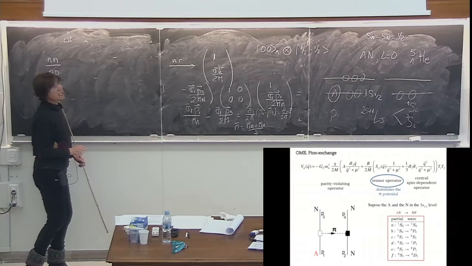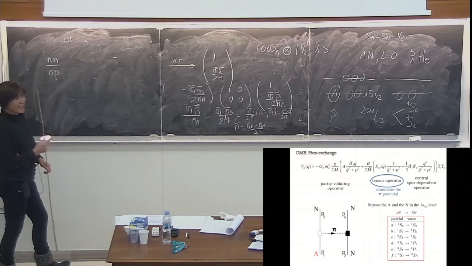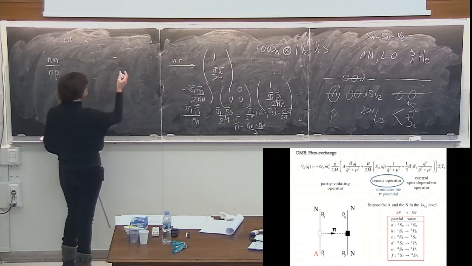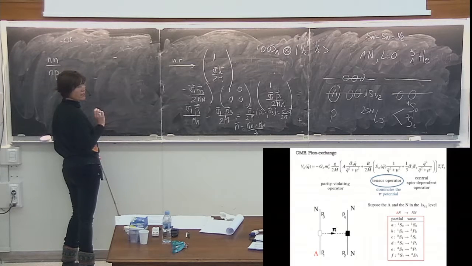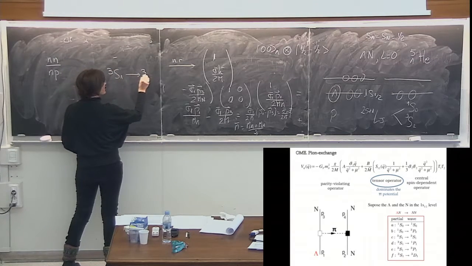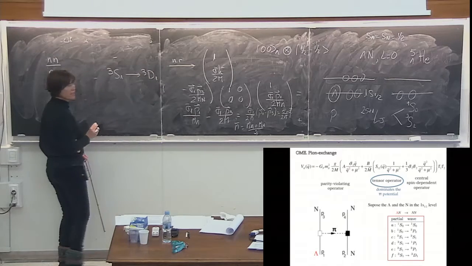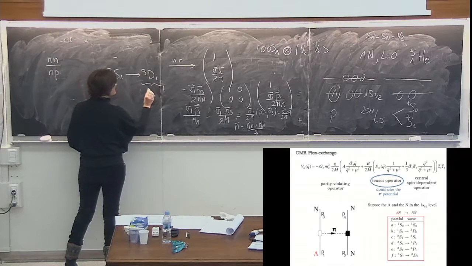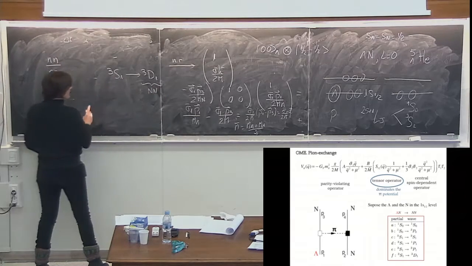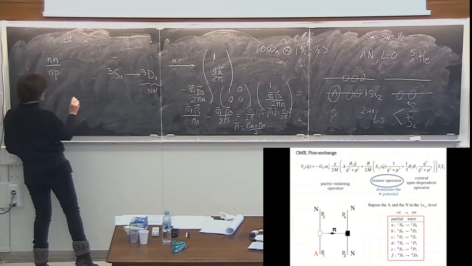If tensor transitions are dominating, and you start from a partial wave in the lambda state with L equal to 0, 3S1, the tensor transition will take you to the 3D1 NN state. It will be the tensor transition. So imagine you have 2 neutrons.